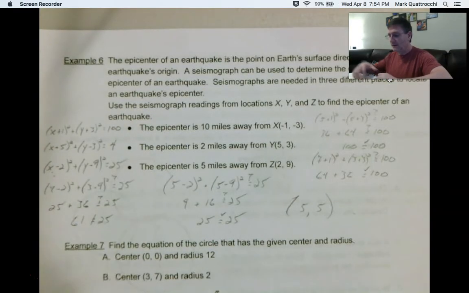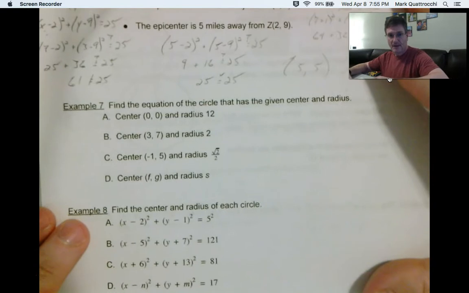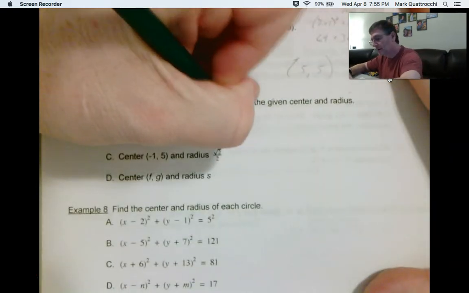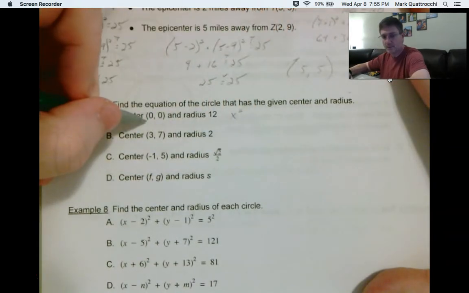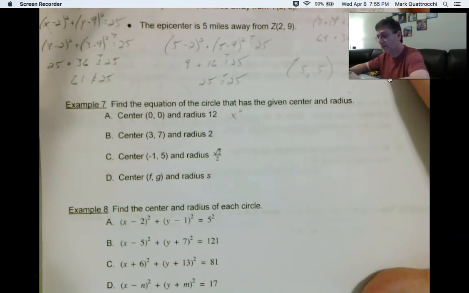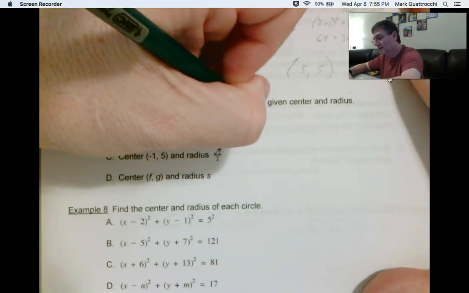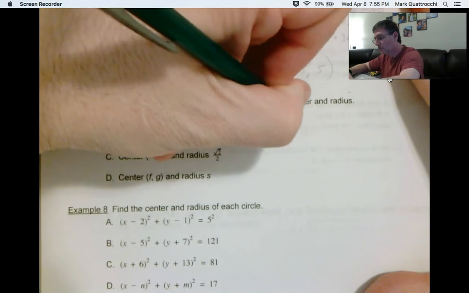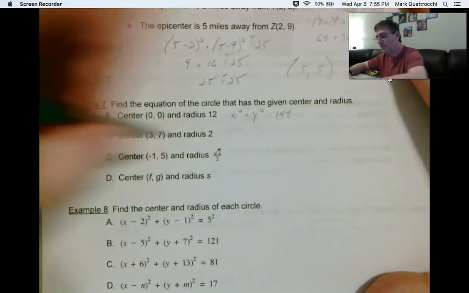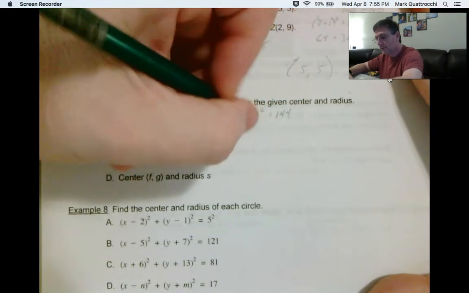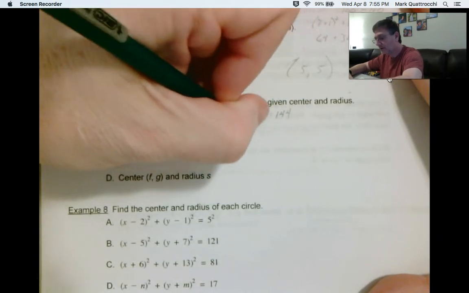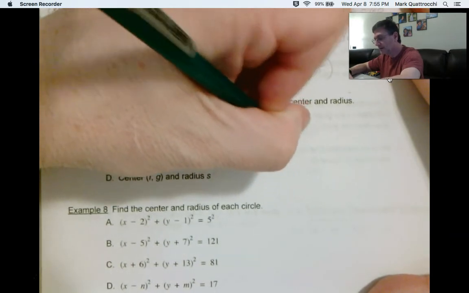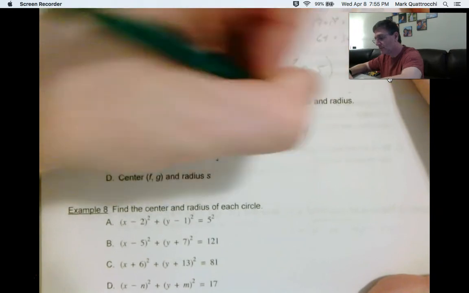Okay, example 7. Find the equation of the circle that has a given center and radius. X minus 0 squared is just x squared, plus y minus 0 squared is y squared, equals 144, 12 squared. Part B, x minus 3 squared plus y minus 7 squared equals 2 squared, or 4.